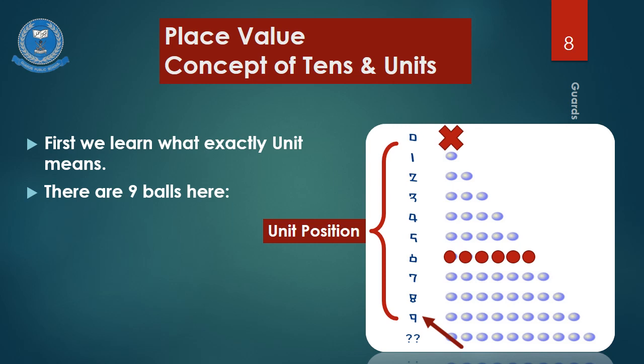Can you notice one thing? In the last line, the balls are given, but there is no number written here. Can you count how many balls there are? It's 1, 2, 3, 4, 5, 6, 7, 8, 9, 10.